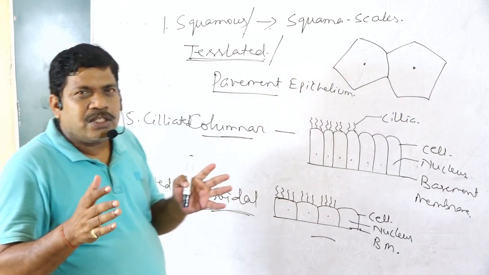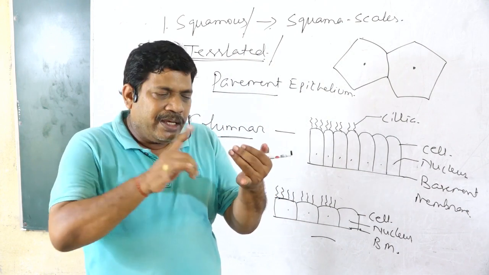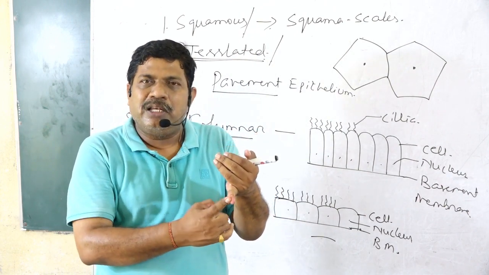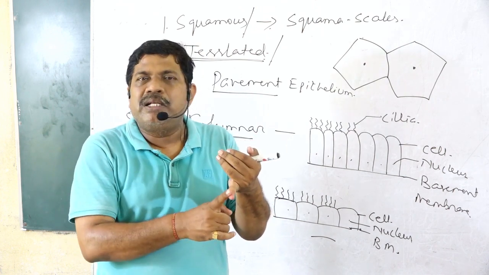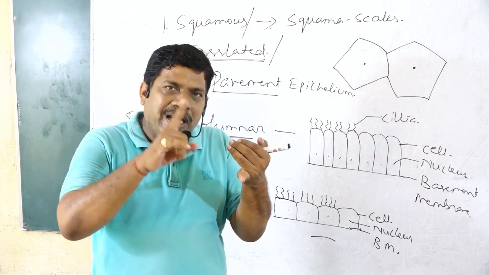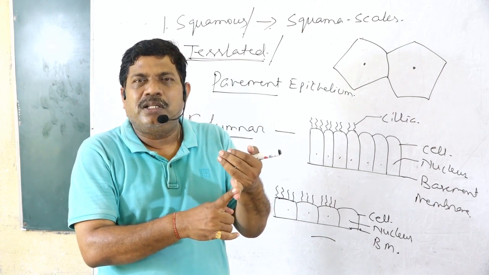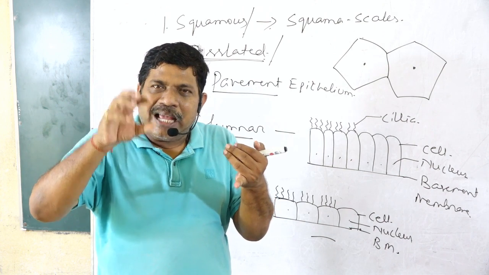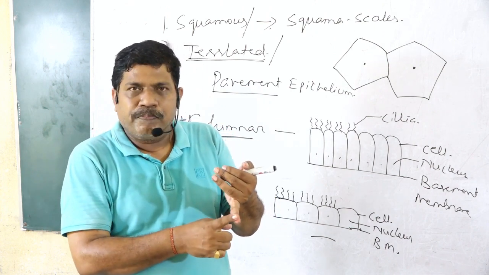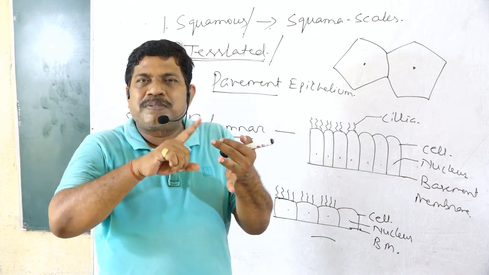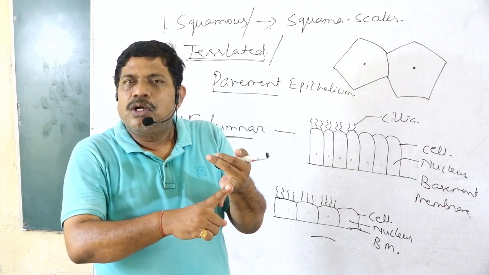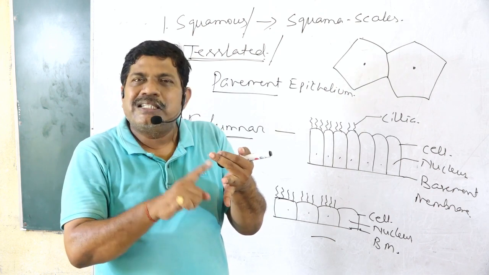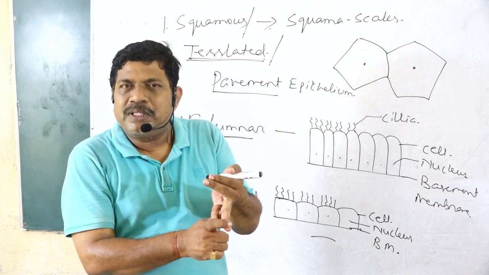So on the basis of shape of cells, it may be squamous epithelium, also called tessellated epithelium due to its wavy-like appearance, and pavement epithelium, because the cells are arranged just like tiles in a floor. The cell shape just like a column, a pillar, where length is greater than breadth and the nucleus is at the base, is called columnar epithelium.